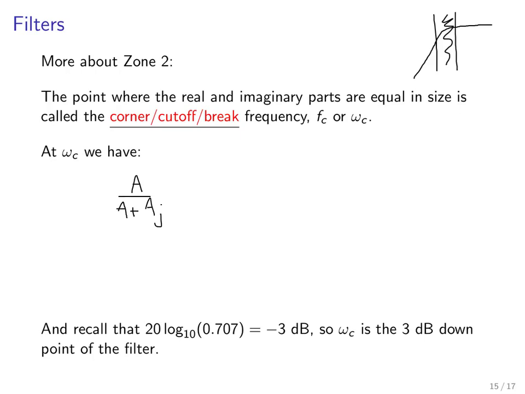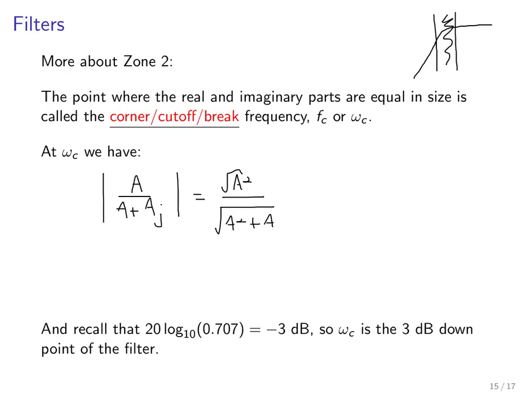We have that the amplitude of this is equal to the square root of A squared divided by the square root of A squared plus A squared, right?